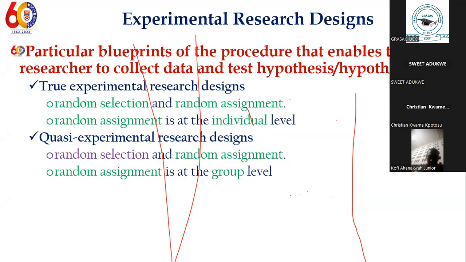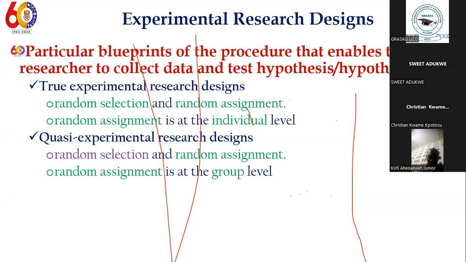So it is not in all cases that, when it comes to quasi-experimental research, there is no random selection. And again, here the random assignment is at the group level. So in this case, if we select a particular group of students, we are not going to select individuals from those schools and classify them into the control or experimental.